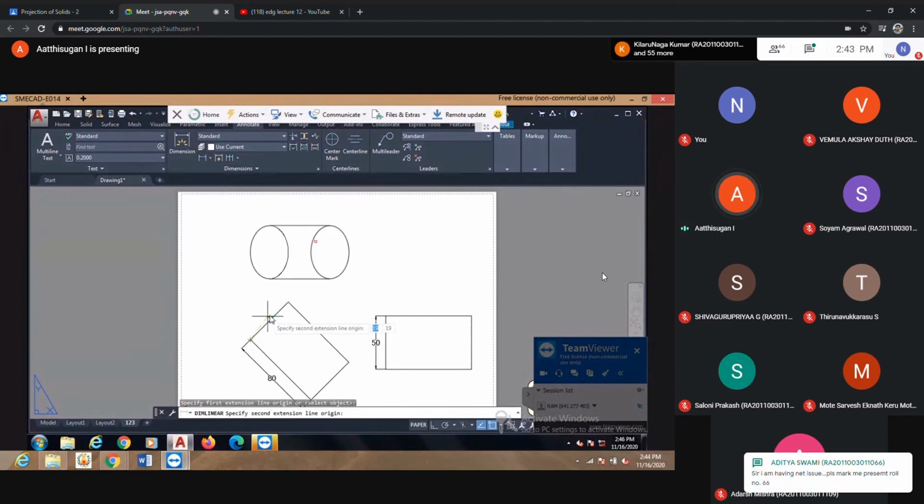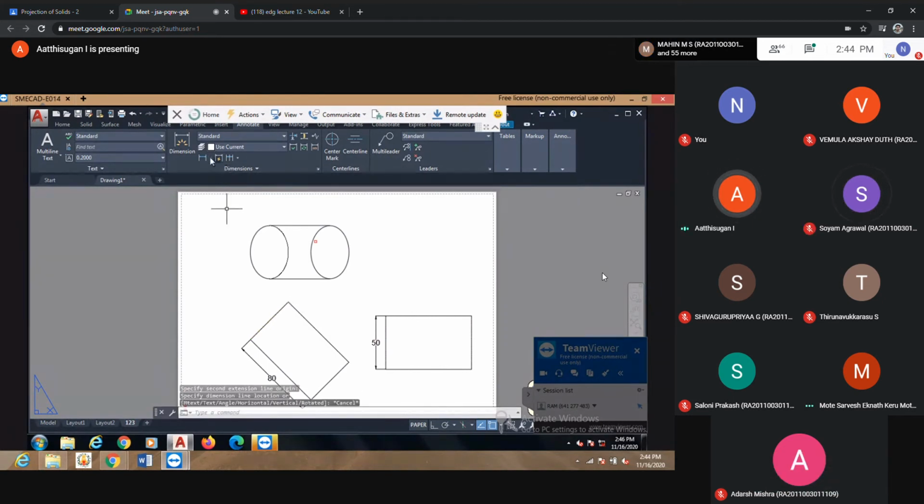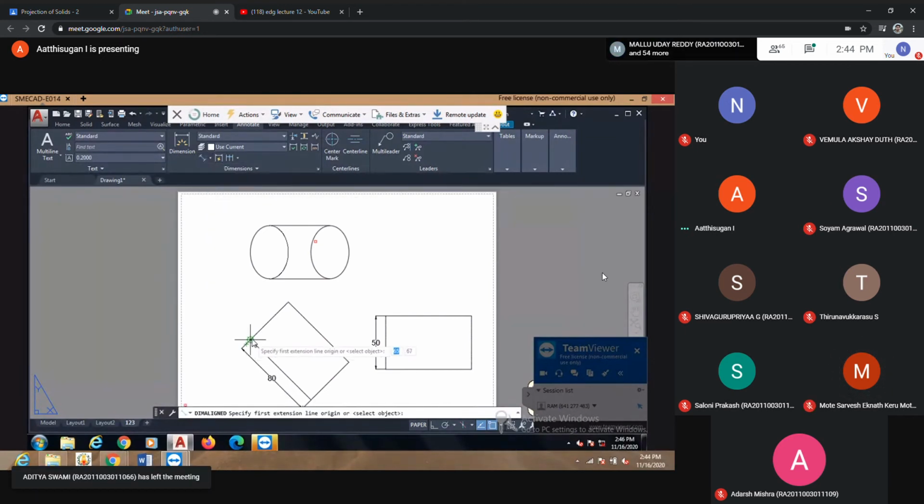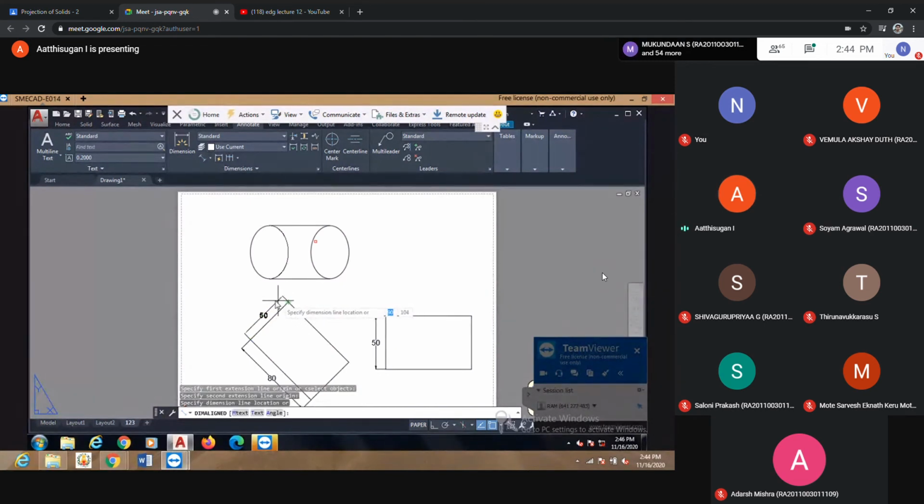Did you give 50 in your diagram? I'll check it once. You have to align here. Suppose we are not able to give it normally, because a normal original circle will come correct. But here it is not an original circle, it is some ellipse shape.